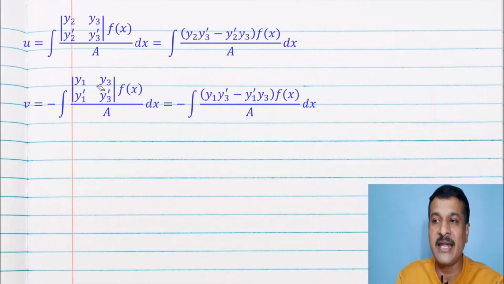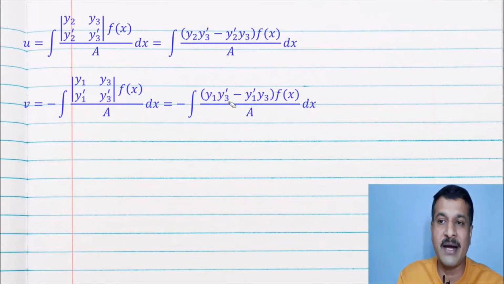For v you have to skip y2, and that is the determinant of y1 y3 in the first row, y1 dash y3 dash in the second row, into f of x upon A dx. You solve this determinant, and you will get the minus sign as it is, integration of y1 y3 dash minus y1 dash y3 into f of x upon A dx.